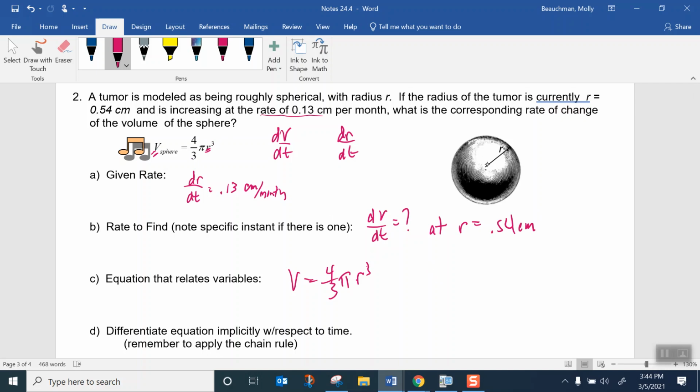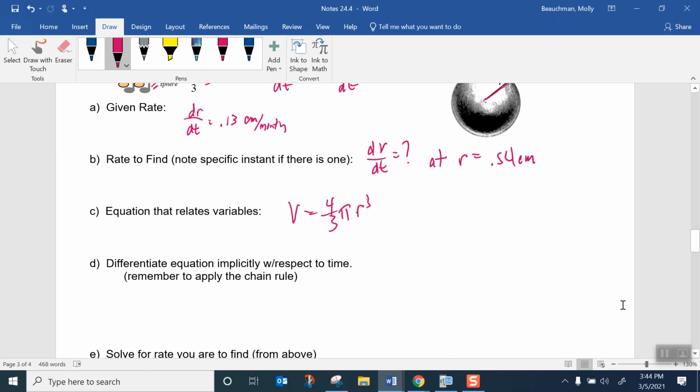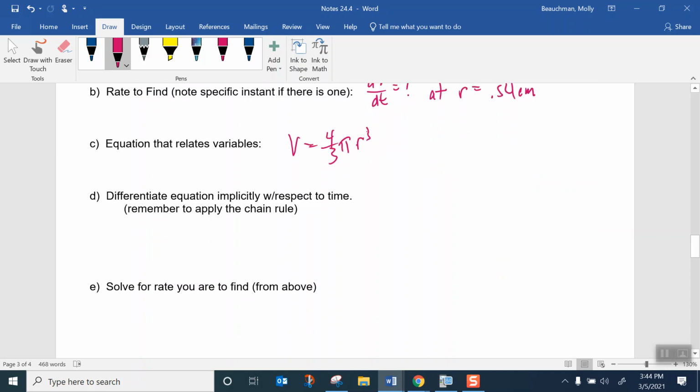So think about the radius. As the radius is growing, then the sphere itself is growing. So we take the derivative of our volume equation with respect to time. So the derivative of V with respect to time, dV dt, is equal to the derivative of 4/3 pi r to the third with respect to time.